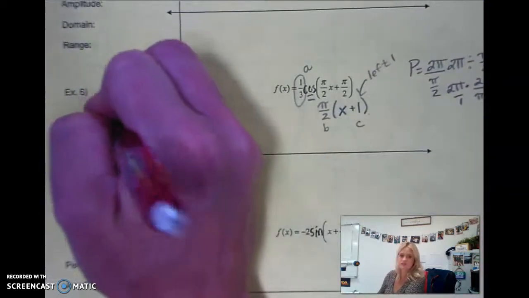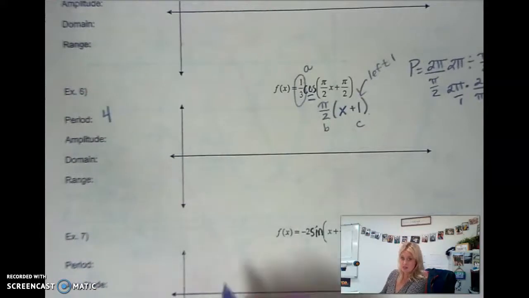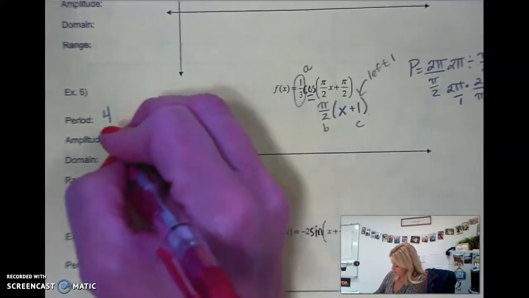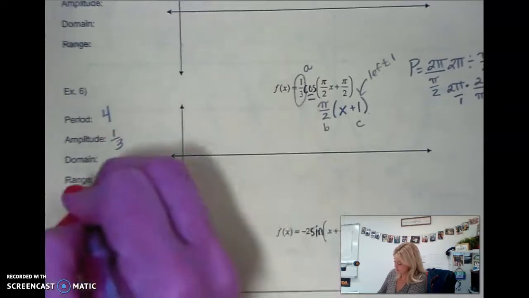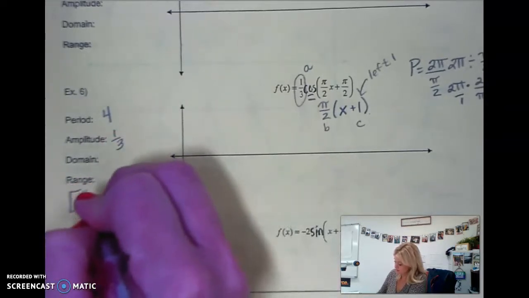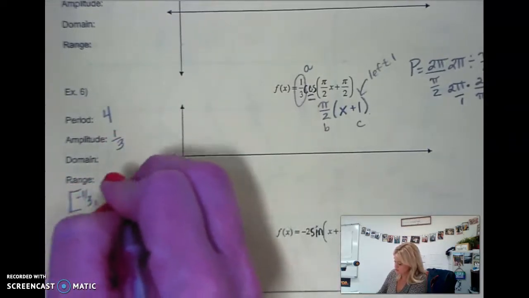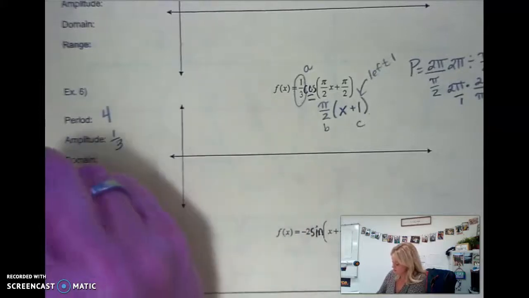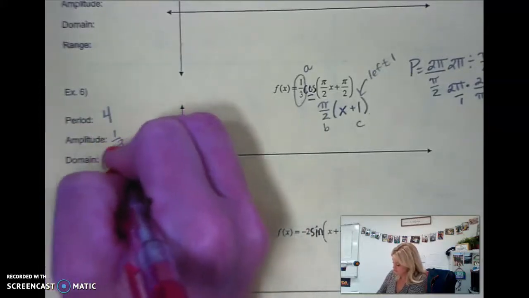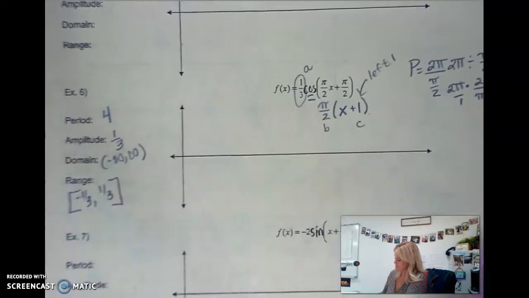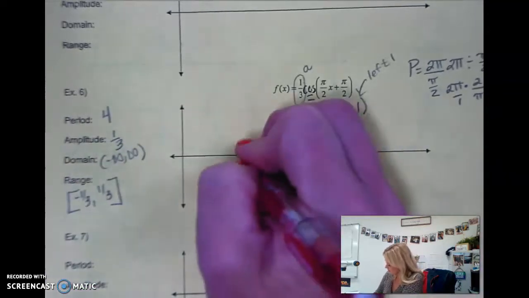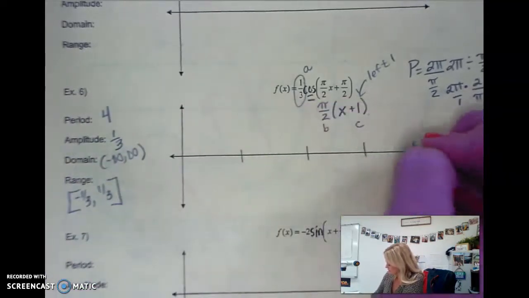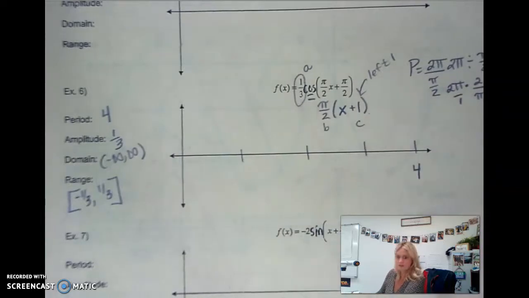I can answer that already. I can answer my amplitude already. And technically, I could do my domain and my range because there is no other shifting up or down. So it looks like I am going with a period of 4.